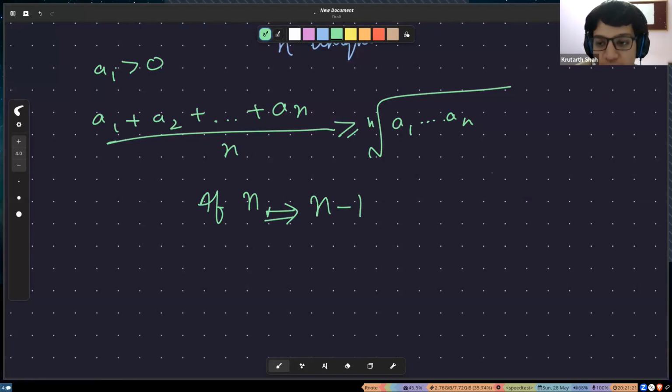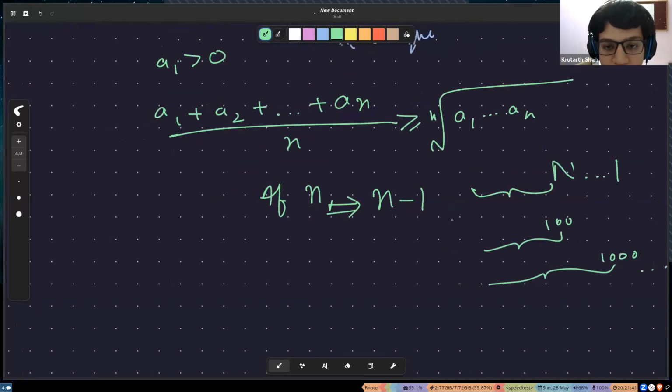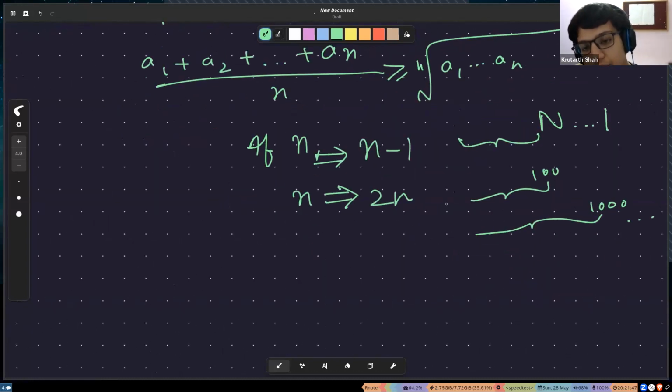This obviously doesn't finish immediately, because you pick some n and then show it for all values less than it. But what about the values more than it? So you have to get arbitrarily large values. Like 100, everything below it is true; 1000, everything below it is true, and so on. So what you can show is that if n is true, then 2n is also true. And this is also an induction.